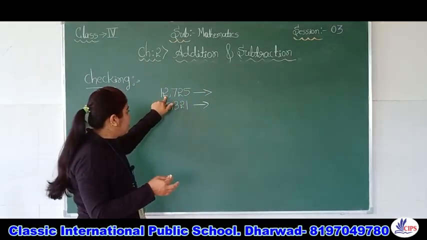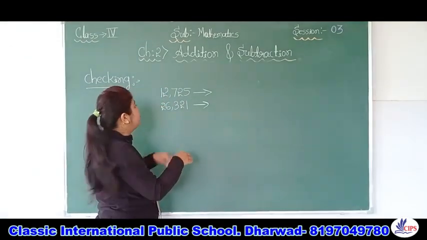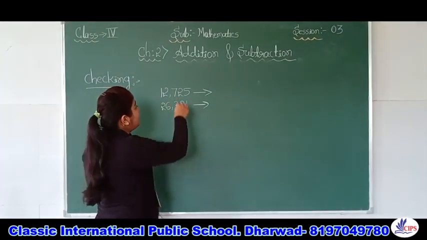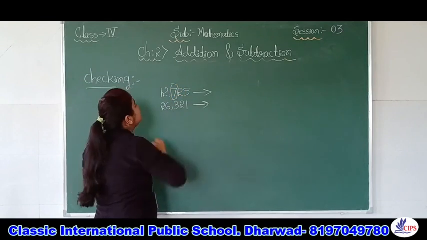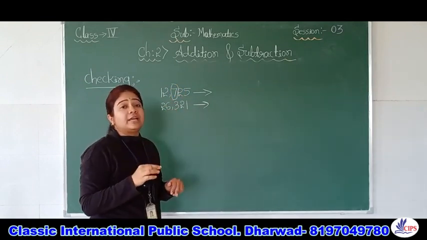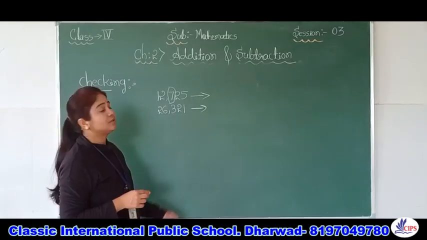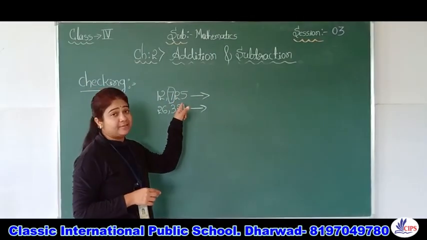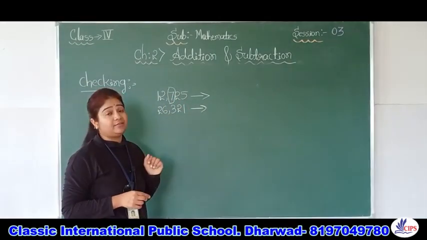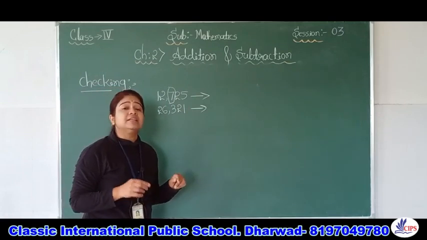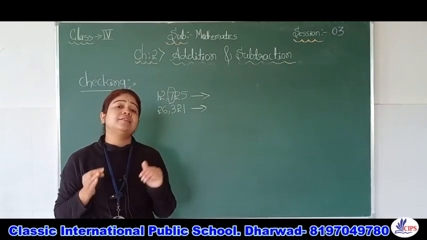So before rounding, we have to check the hundreds place value. It is 7. Here the hundreds place value 7 is there, right? That 7 is more than 5.